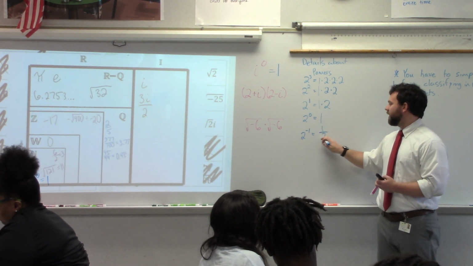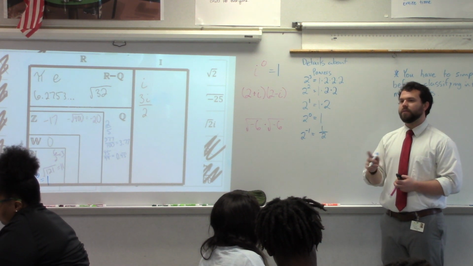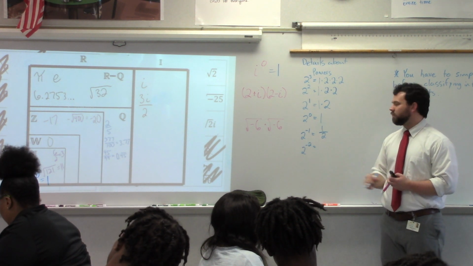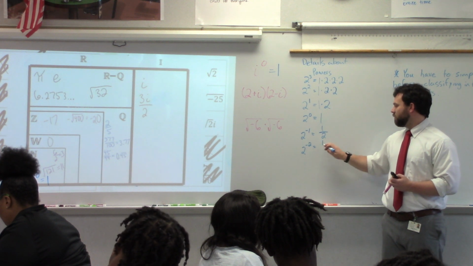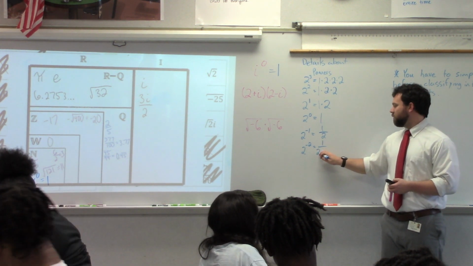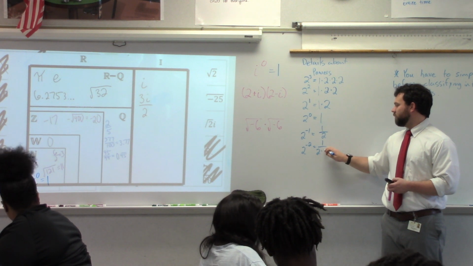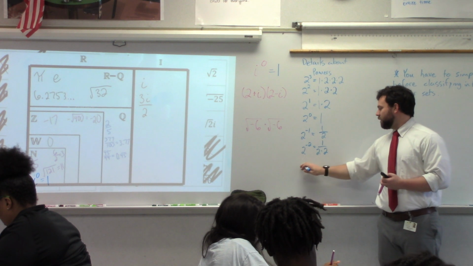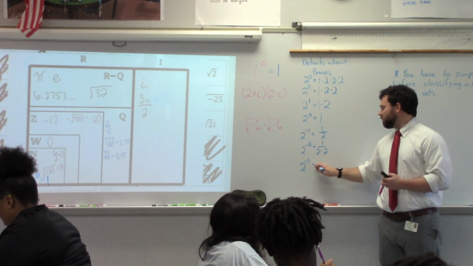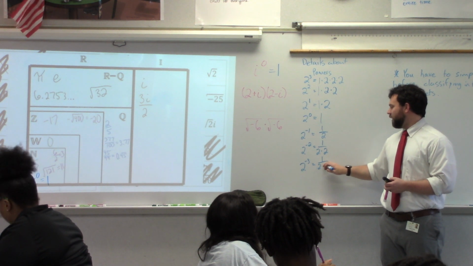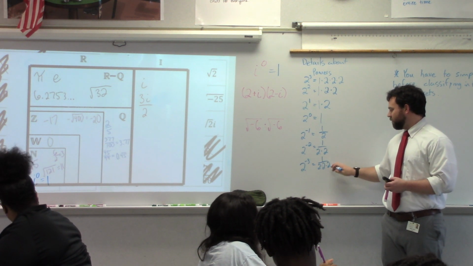What's another way to say that? 1 divided by 2. 2 to the negative 2 is 1/4, which is 1 divided by 4, or 1 divided by 2 times 2. 2 to the negative 3 is 1 divided by 8, or 1 divided by 2 times 2 times 2.